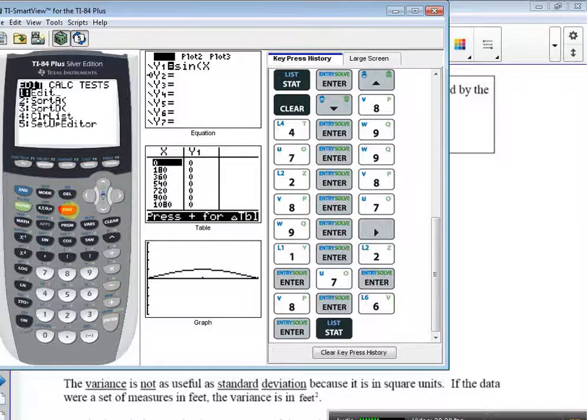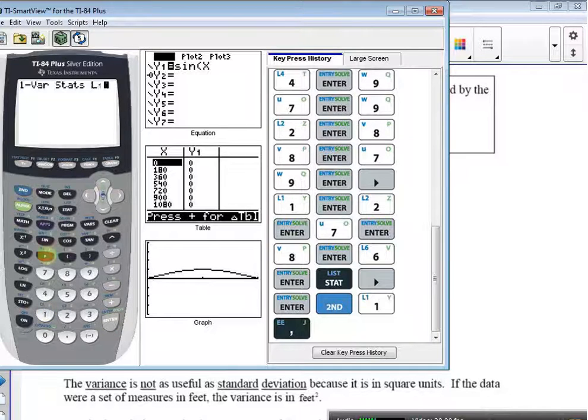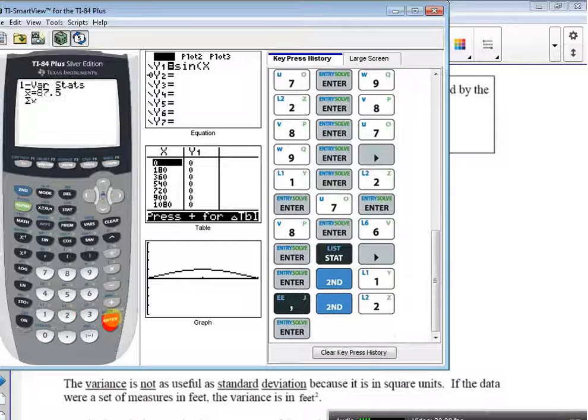Then you go to Stat, Calc, 1-Var Stats, but this time you need to put something in the frequency list, and we need to do L1, L2, and there we go. Again, I would think that these would be a population because it'd be all the grades on a test.